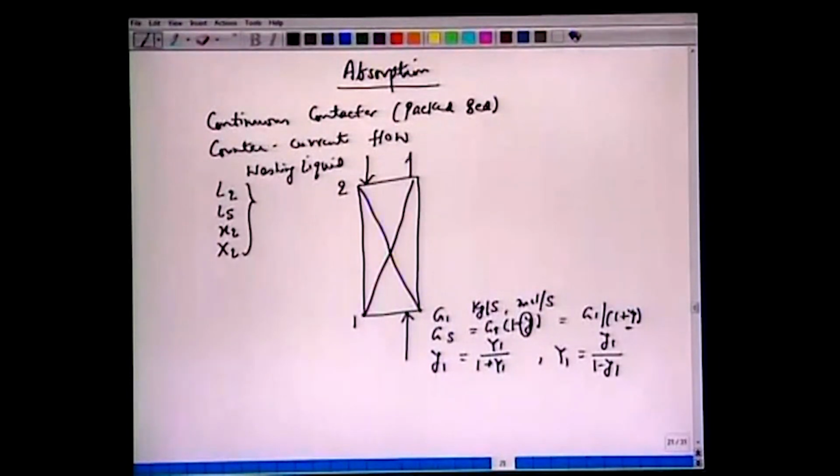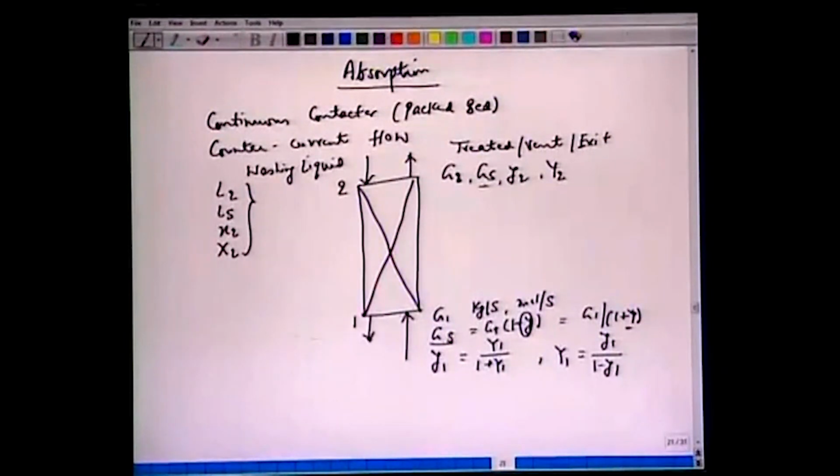The gas effluent which leaves from here, treated, or vent or exit, has flow rate G2 or GS. GS is the same as this GS because it is a solvent free flow rate, with y2 and capital Y2.